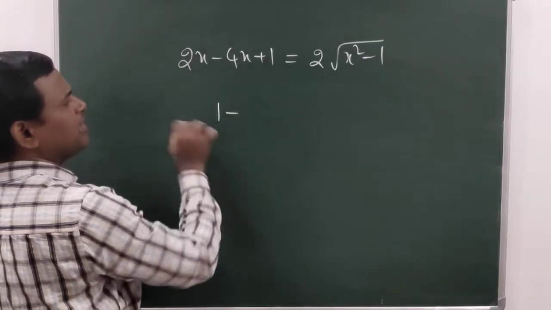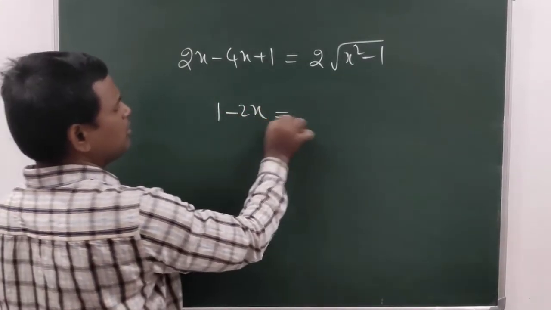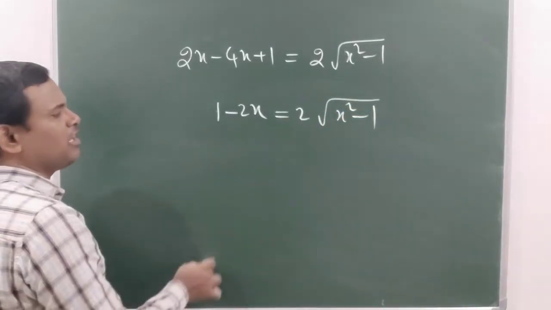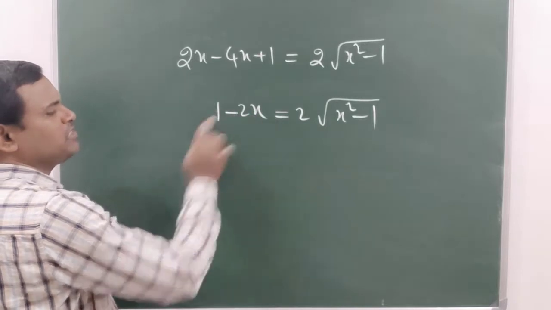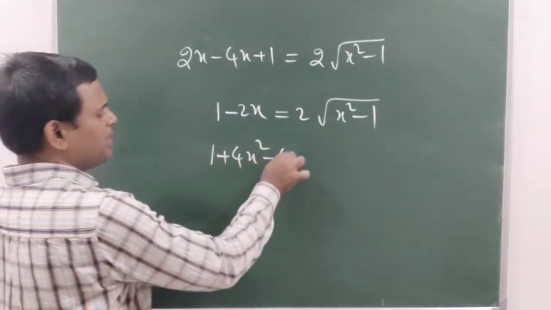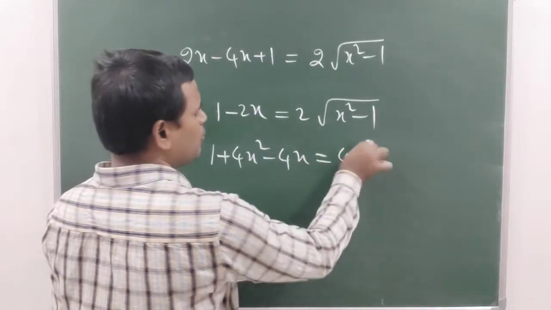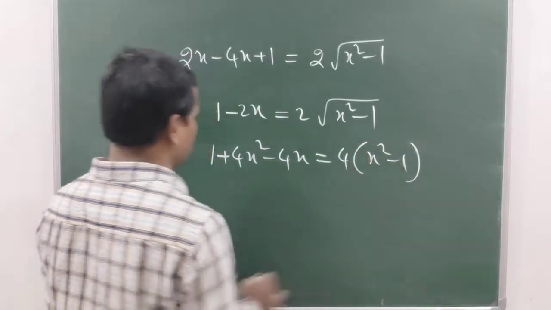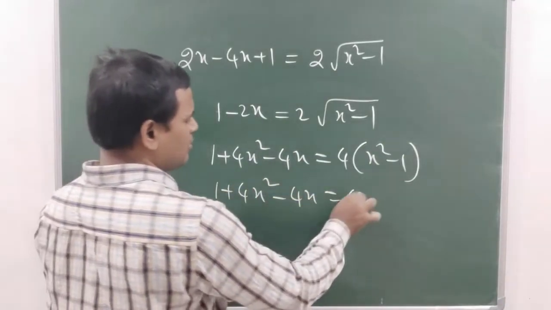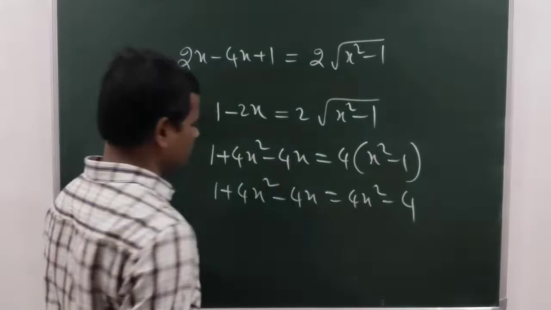How much do we get here? 1 minus 2x, which is equal to 2 into root of x square minus 1. Again take square on both sides. Again the left side will become a minus b whole square: 1 plus 4x square minus 4x, which is equal to 4 of x square minus 1.